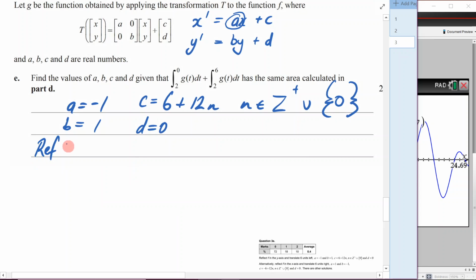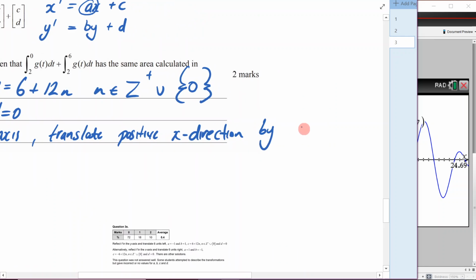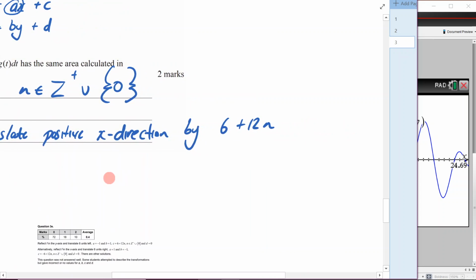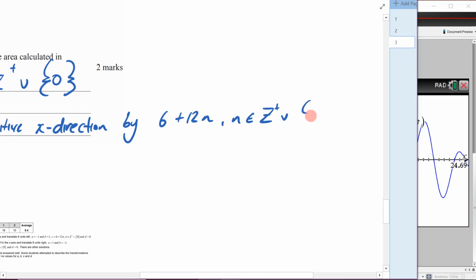I reflect in the y-axis, and then I translate in the positive x direction by 6 units, or 6 plus 12n, where n is an element of all my positive integers, including 0.